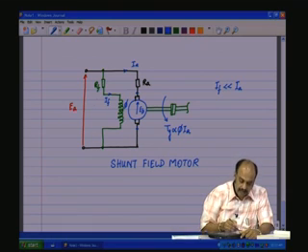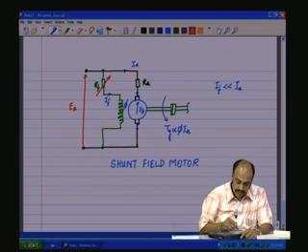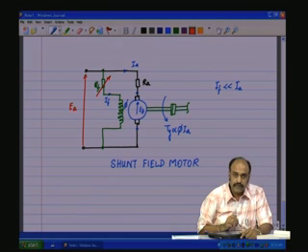By making RF variable, the field current IF can be controlled, or the flux can be controlled as a consequence, and therefore, the Tg can be controlled.